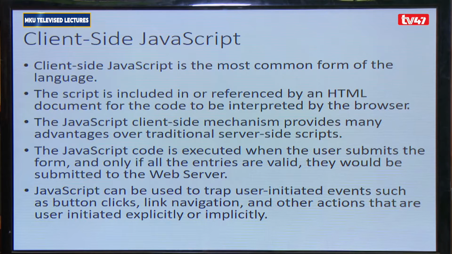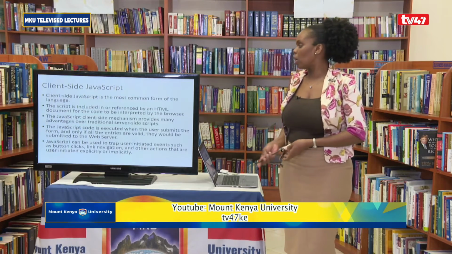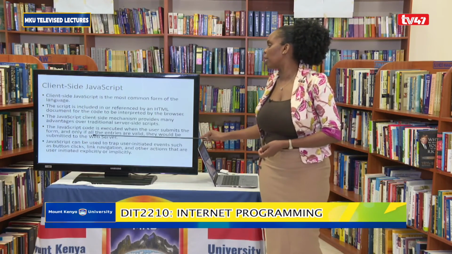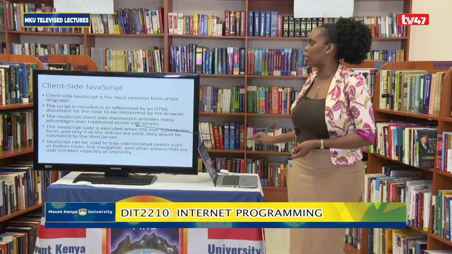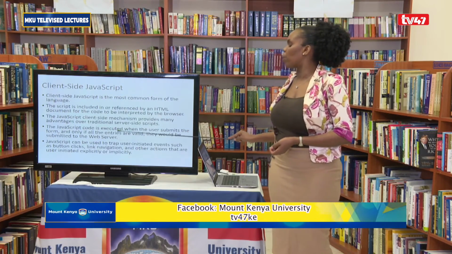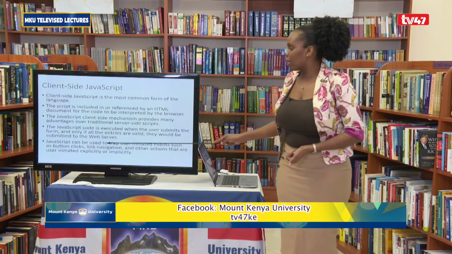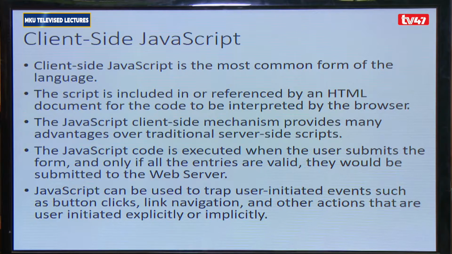So this makes the process of executing a JavaScript code very fast, because before it's submitted, it has to be checked that the implementation is done well, and that it is running okay and it's valid. Then JavaScript can also be used to trap user-initiated events like mouse button clicks, link navigation, and other actions that are user-initiated explicitly or implicitly.